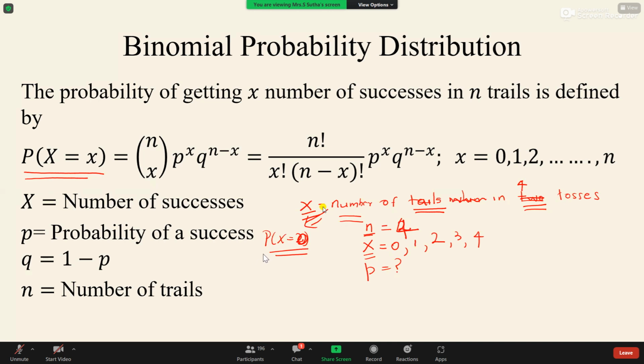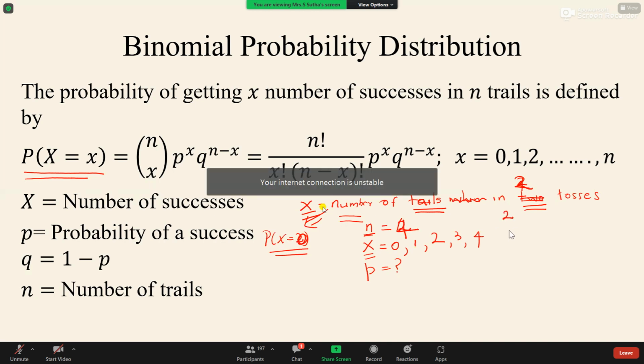Now we come to this n combination x. Here, as a simple example, we take n as 2. Out of 2 tosses, we want to get 1 tail.